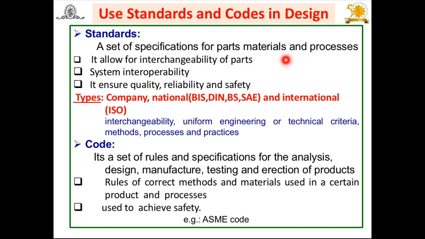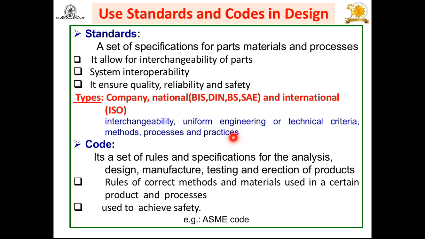Suppose we are importing some machine elements from another country, there is no need to import the same standard component again, as it may be available or manufactured in our country. That is interchangeability. Then system interoperability is also an important aspect of these standards. And third, it ensures quality, reliability and safety of the parts and process.